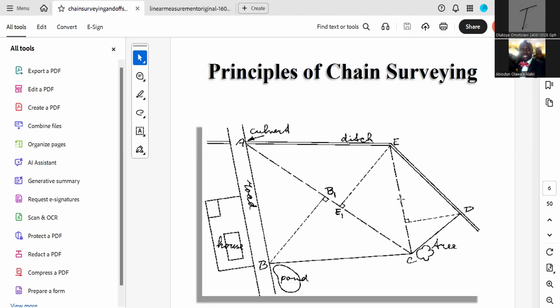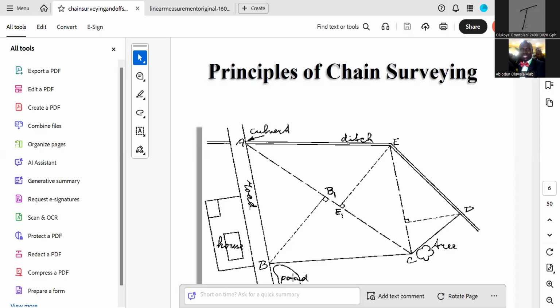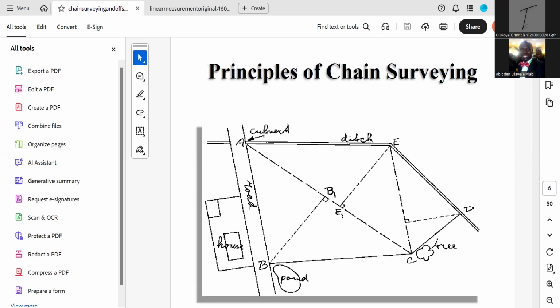Then we have a series of triangles created. Look at this. How many triangles do we have here? 1, 2, 3, 4, 5, 6. Six triangles. Can you see some details here? We have the tree, we have the pond, we have the house, we have the road. I don't know what was written here. We have the dish here.